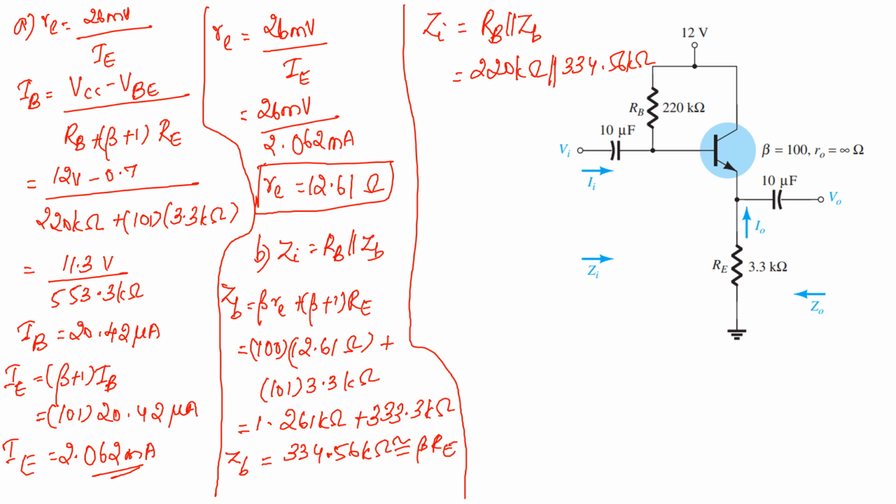Okay. So now can we apply the formula? So ZI will be equal to 220 kilo ohm into 334.56 kilo ohm divided by 220 kilo ohm plus 334.56 kilo ohm.